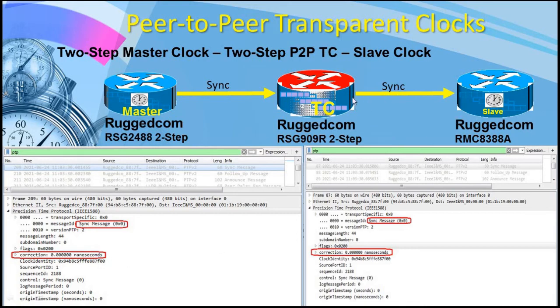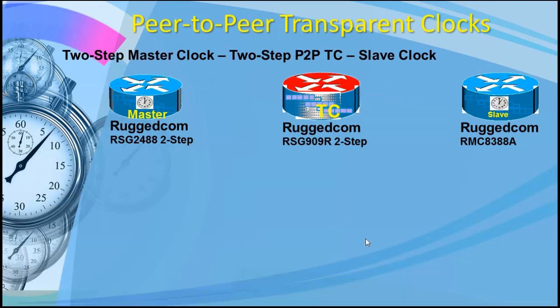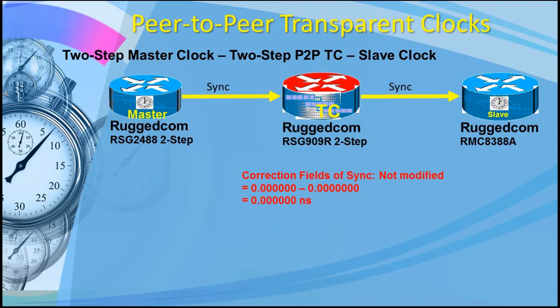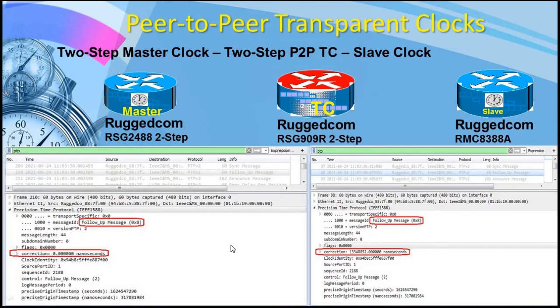Checking the sync message on the egress port, the correction field is 0 as well, which means no modification happened to the sync message. This sync message is received on the two-step transparent clock and just forwarded to the slave side, so the correction field is unchanged.